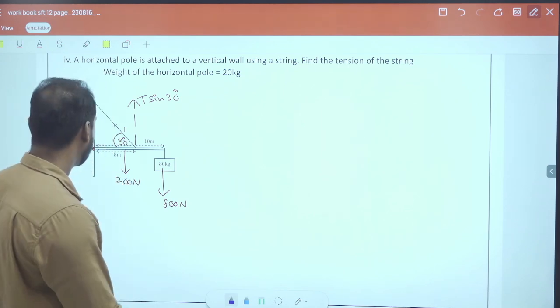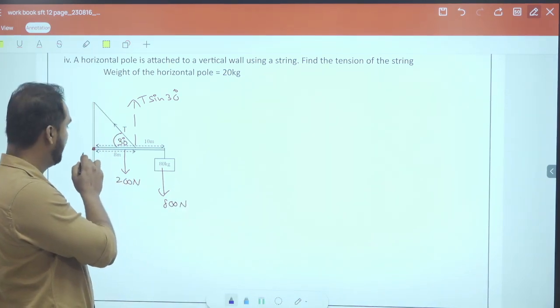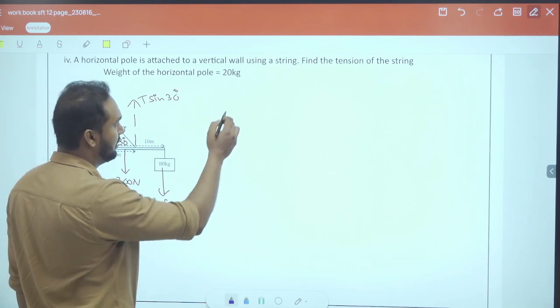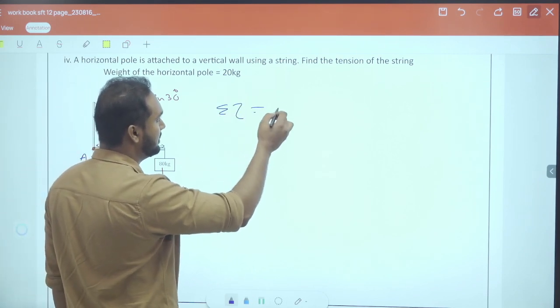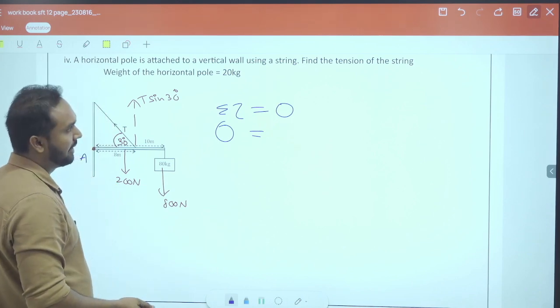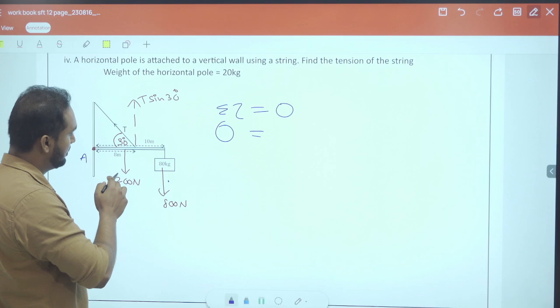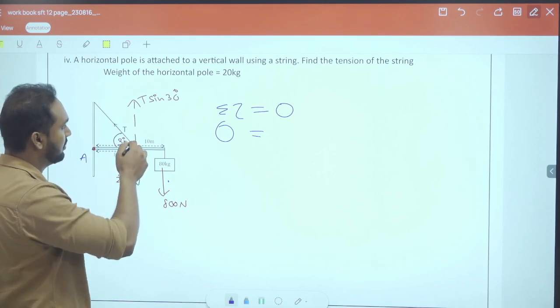Listen. So you are taking the pivot point from here, A, and sigma tau equals 0. You have to take the anti-clockwise rotations first. Now this is clockwise. This is clockwise. Only this one is anti-clockwise, right?